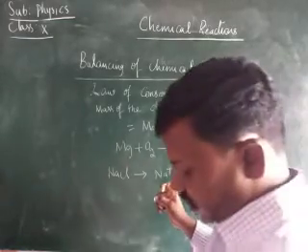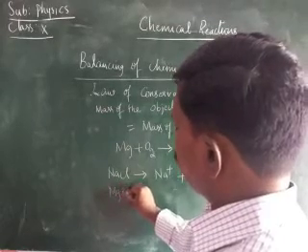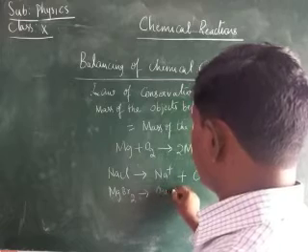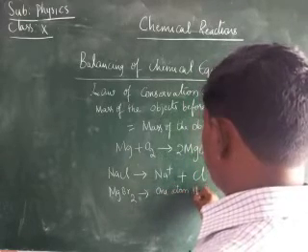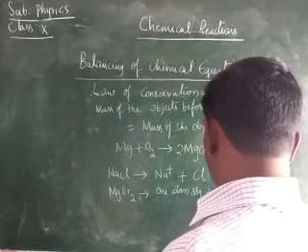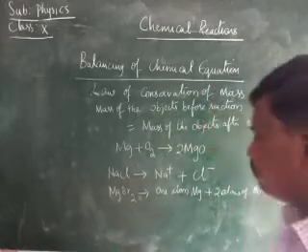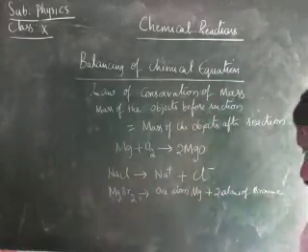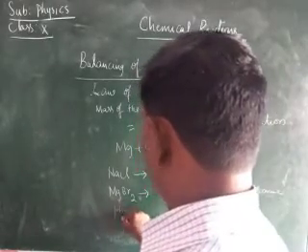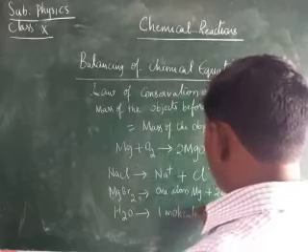In the same way, MgBr2, magnesium bromide, means one atom of magnesium reacting with two atoms of bromine. H2O means one molecule of water.